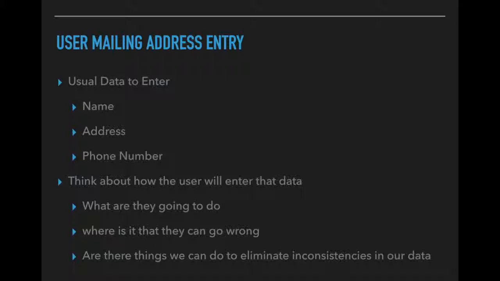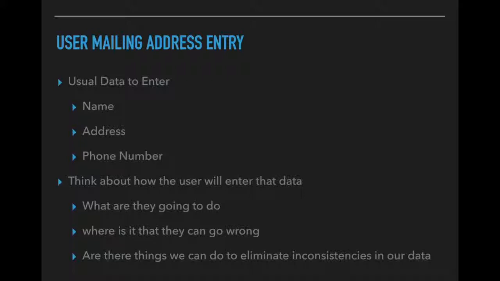So here, for example, with a mailing address, we want to reduce the probability that a user even has the opportunity to have the mail sent to the wrong place. So we'll look at that a little bit more in depth as we get there.